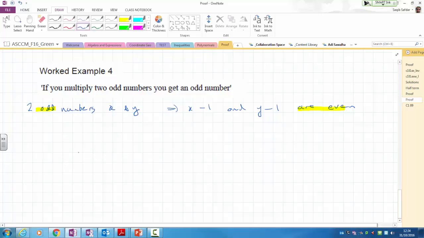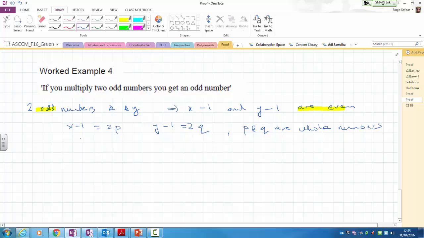And what I could do is just play around with some numbers and say, well, if x minus 1 is some number, I'm going to use this 2 here deliberately, and I'll call it p. Instead of writing p, I'll write 2p deliberately, as you'll see in a minute. And y minus 1 equals 2q, okay, where p and q are just whole numbers, yeah, integers.